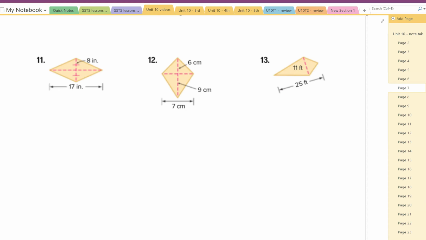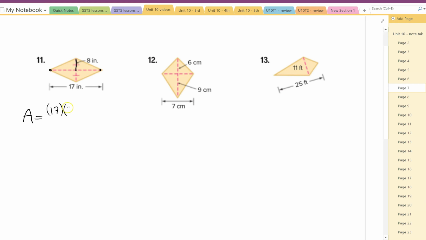A few more examples here, and these are all really easy. You just got to be careful to make sure you're using the right numbers. So if I want the area of this rhombus here, I can see that one of the diagonals it's telling me is 17. For the other one, I'm going to have to do a tiny bit of math. It's saying this is 8 inches, and it's pointing at this right here.